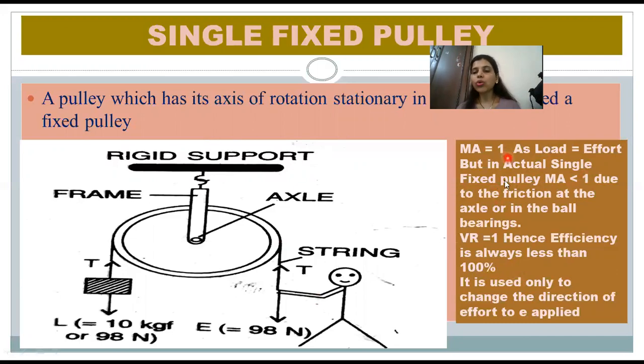Here MA is equal to 1, so it is only changing the direction of the effort to be applied. So children, here B is missing. Please write it down over here when you are making note of it. So B has to come over here, when the effort is to be applied.